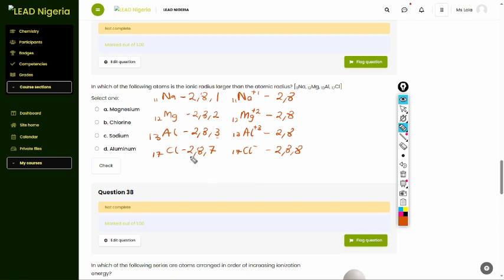So even though there are 3 electron shells here and there are 3 electron shells here, this would be larger than this because there is more repulsion of electrons here than there are here. So the size of this is larger than the size of this. So it means generally for anions, their ions have larger ionic radius than the actual neutral atom.